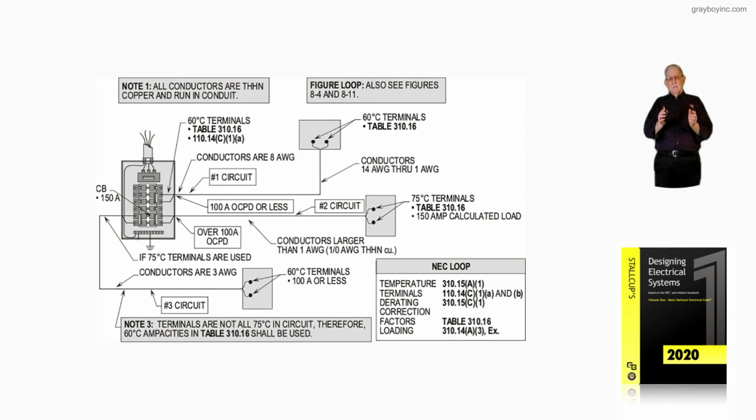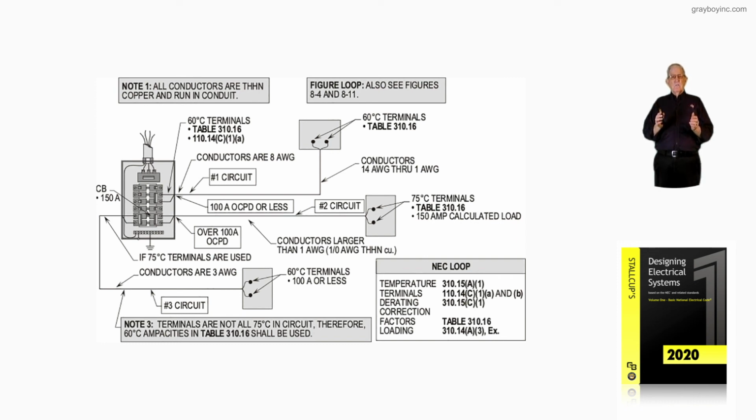They say, look, 110.14(C)(1)(a), number 14 through number 1. If you're over 100 amps in rating, you're 1/0 or larger, and they'll hold you to that. So if you get into that situation, be sure you check with the authority having jurisdiction, or you may be rerouting and repulling conductors, and your conduit may even have to be upsized.